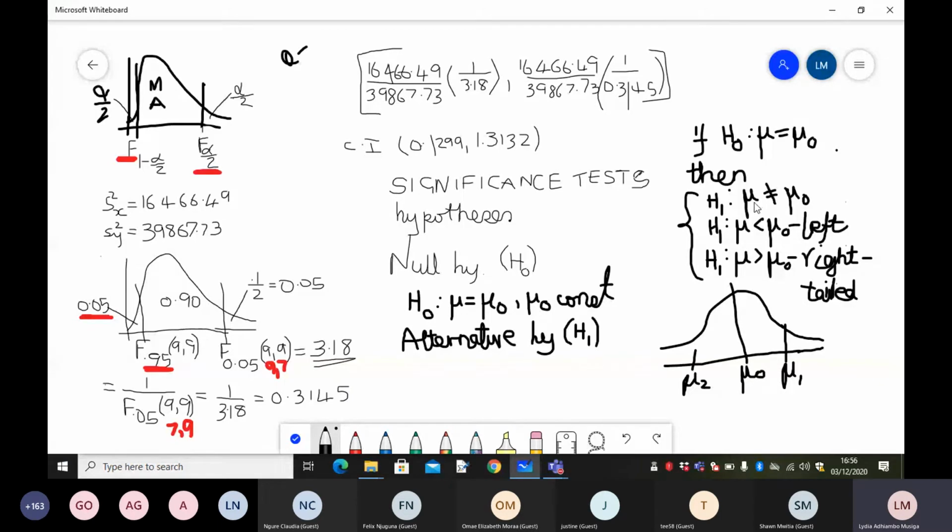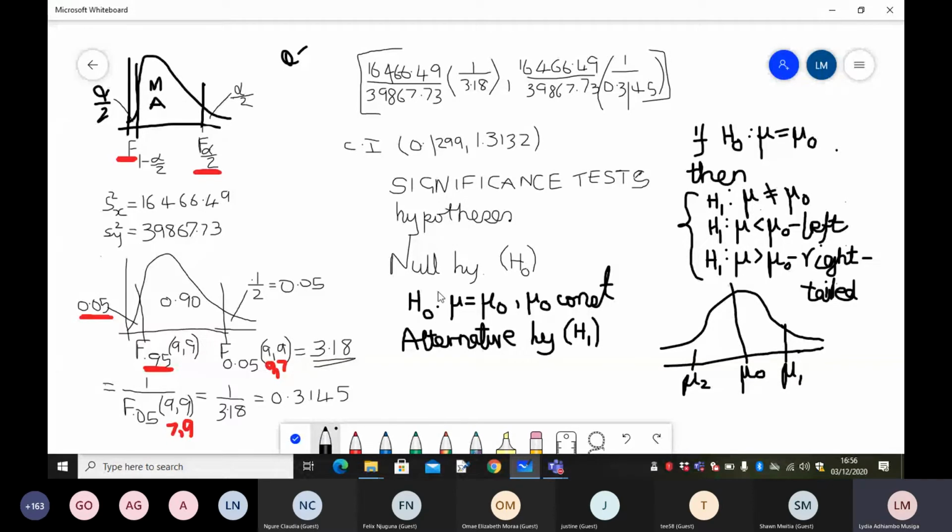What about the first alternative, where we have mu is not equal to mu naught? If mu is not equal to mu naught, then it's possible that the mean is greater than mu naught, and it is also possible that the mean is less than mu naught.